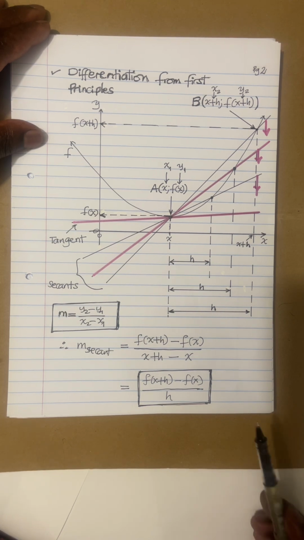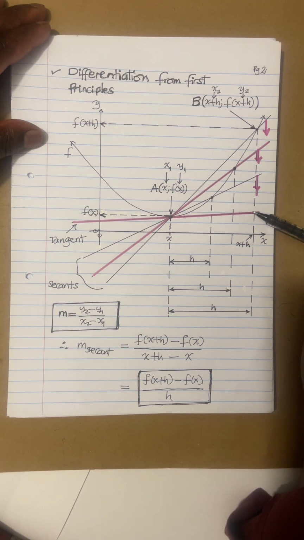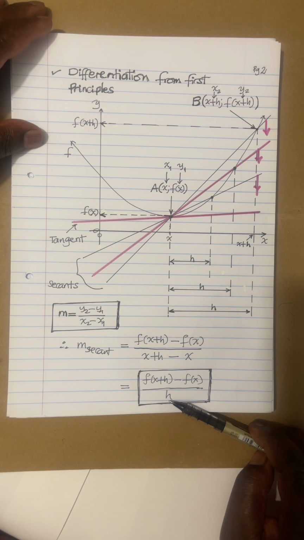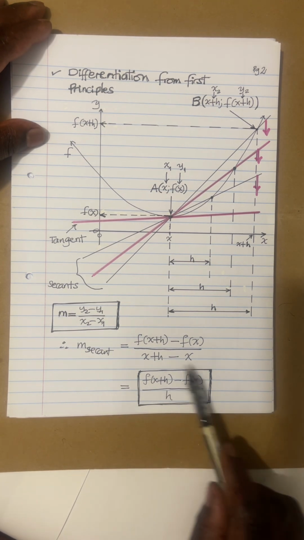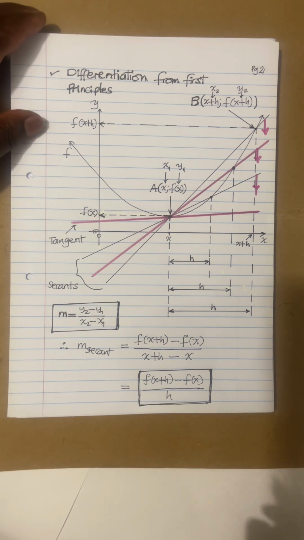Now, remember, I told you that as the secant approaches the tangent, the value of h approaches 0. And therefore, I can say that m tangent will be the limit of m secant as h approaches 0. So let me write that one down.